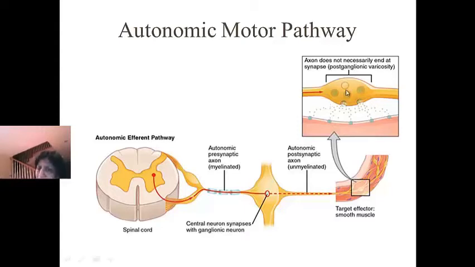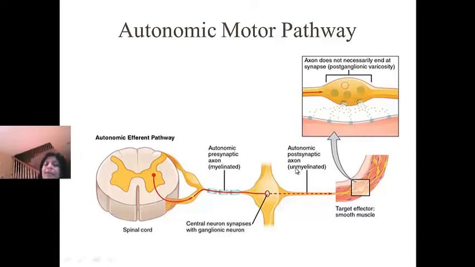Here you call this a varicosity, that is, the axon has these bulges along its length and they could terminate on multiple sites at the effector. And the neurotransmitter could be acetylcholine or other neurotransmitters such as epinephrine or norepinephrine.